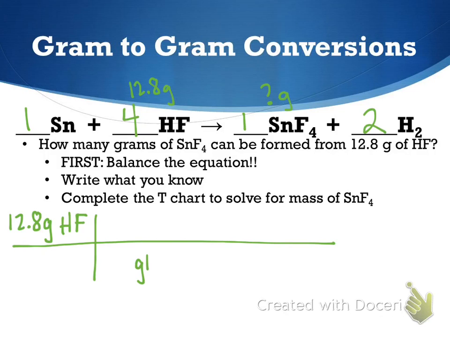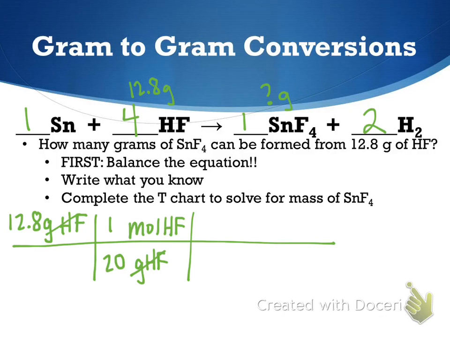So we want to get rid of grams of hydrofluoric acid and go to what? Moles of what? HF. So moles gets the 1. The molar mass of hydrofluoric acid is 20. Hydrogen is 1, fluorine is 19.